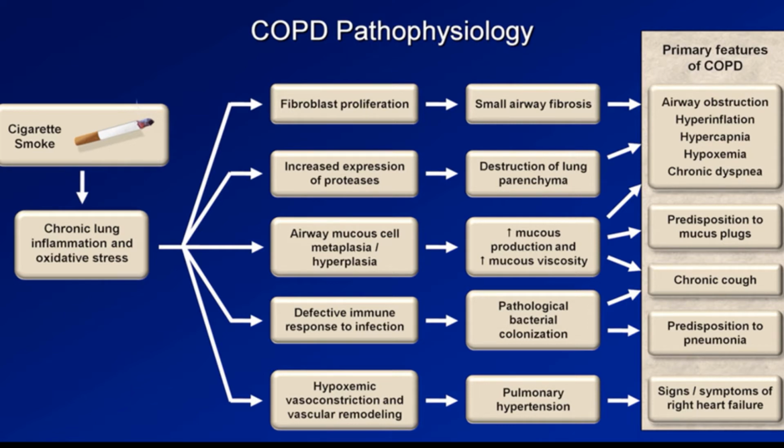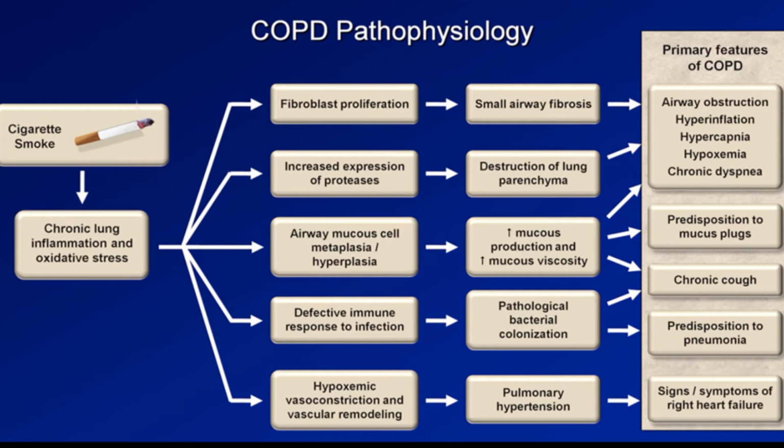And these are the consequences of cigarette smoke with its chronic lung inflammation induced by it. You get increased fibroblasts, you get increased proteases, you get increased airway mucus, you get a defective immune system, you get hypoxemic vasoconstrictor response in the lungs.